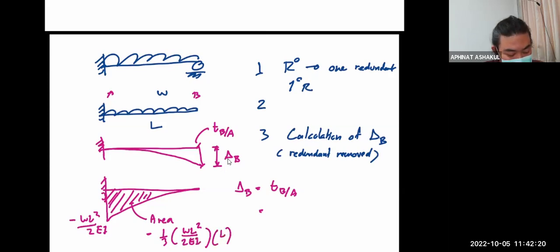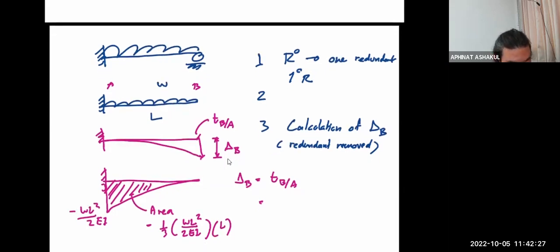That's the area. And TBA is equal to taking this moment area about point B. The point B here.